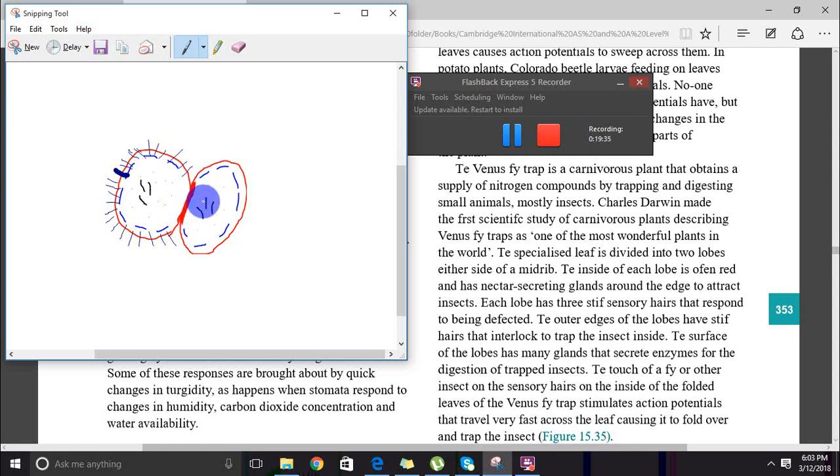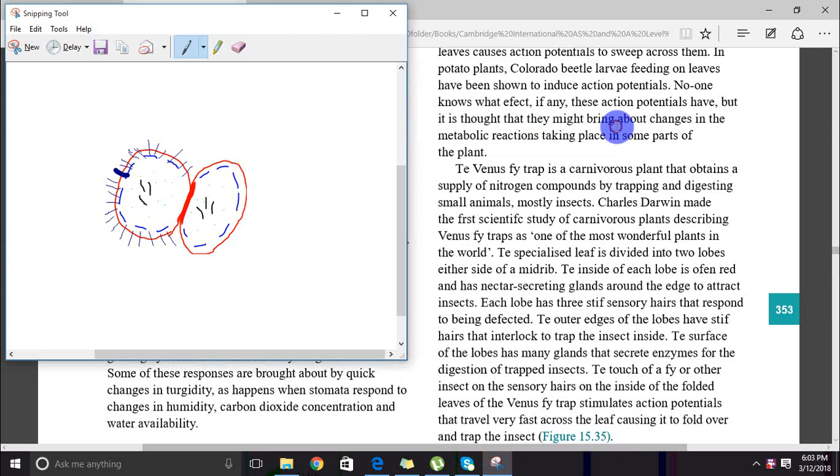So if a fly or some other insect were to come and sit on the lobe and bump into the sensory hairs that are on the inside of the folded leaves, these ones, not these ones, these are stiff but these aren't sensory, the Venus flytrap would be stimulated because of action potentials which will travel very fast across the leaf, and those action potentials will cause it to fold over and trap the insect. But it's not quite so simple.